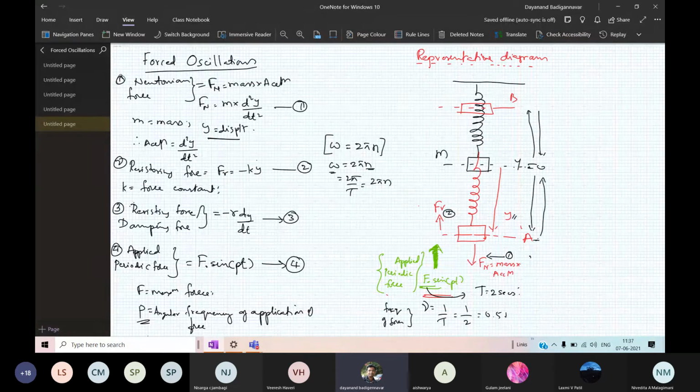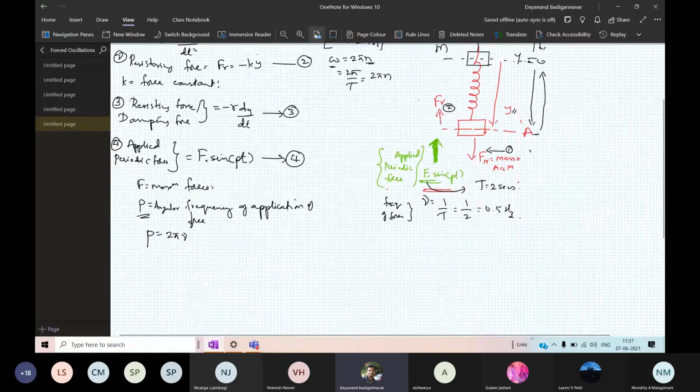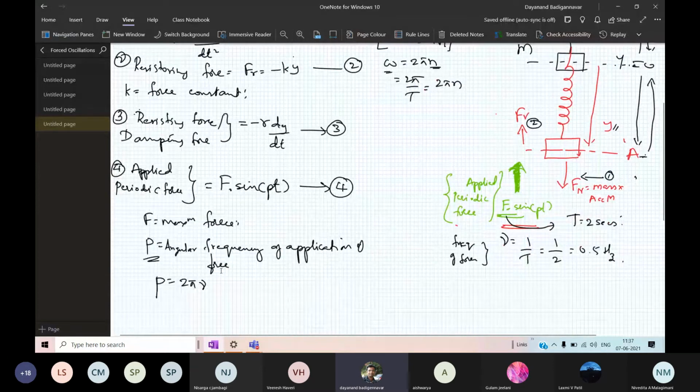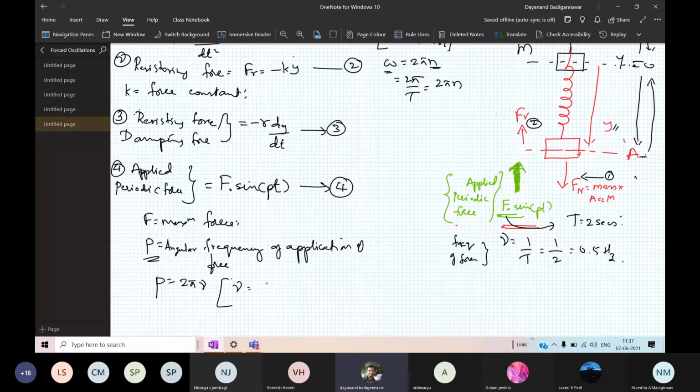Okay, now remember, p means the angular frequency of application of the force, while mu is the normal frequency. It is the linear frequency of application of force.